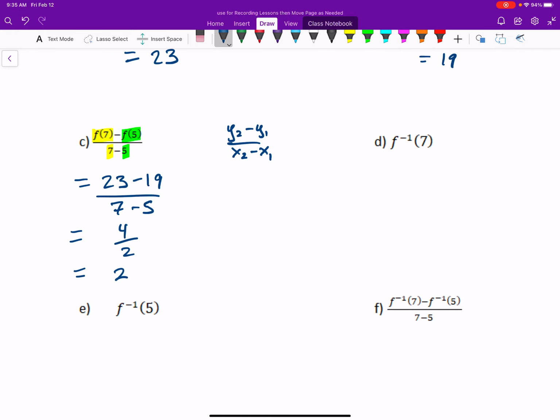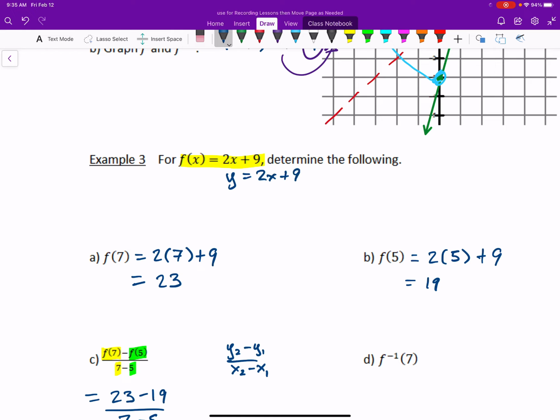that makes sense. For D part, we're supposed to find the inverse of f negative 1 at 7. So let's, just up here, we've got a bit of space. Let's find the inverse equation. So if the original equation is y equals 2x plus 9, if I switch x and y, I get x equals 2y plus 9.